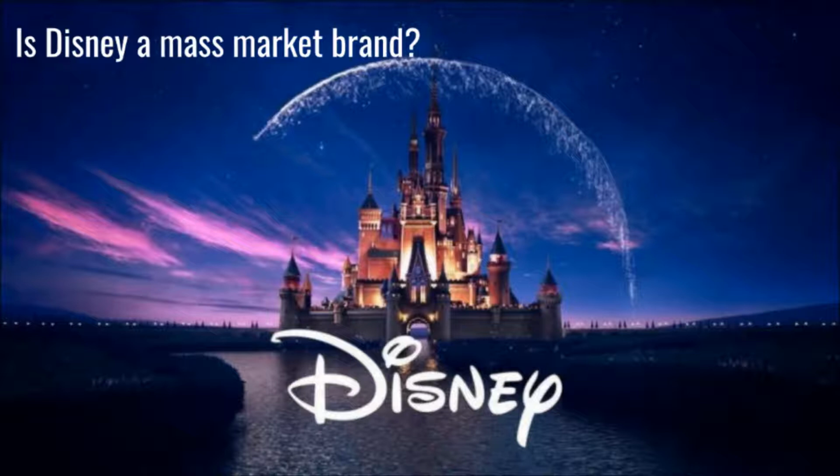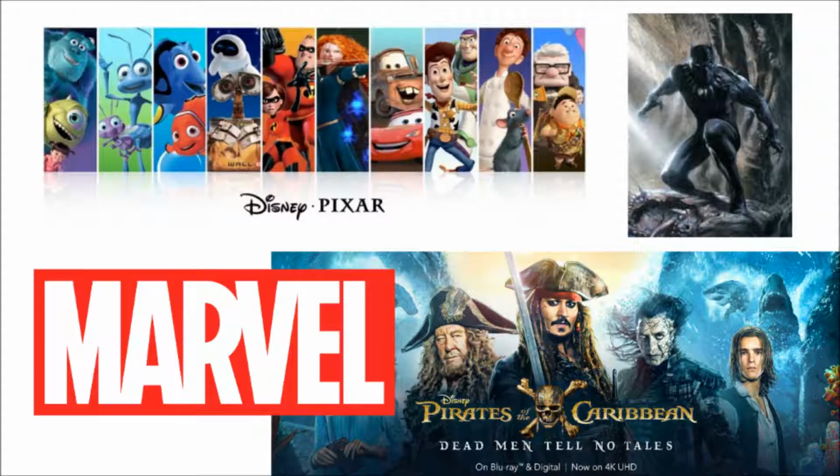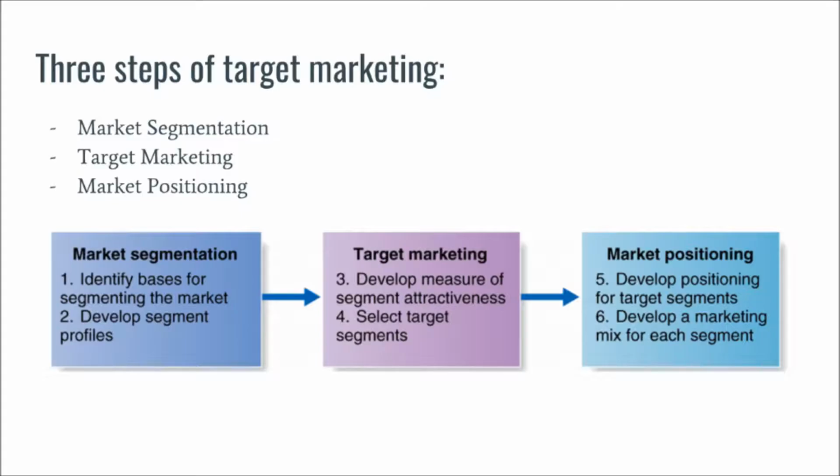So Disney in some ways has become a more targeted brand. It has branches of its business that cater to different audiences. It owns Pixar, Marvel, and then it has other franchising deals as well. In fact, they say that Disney makes more money from merchandising franchise than it does on its actual movies.